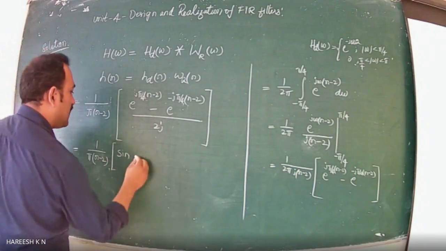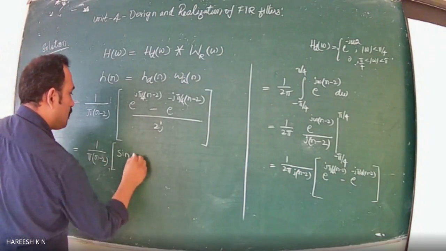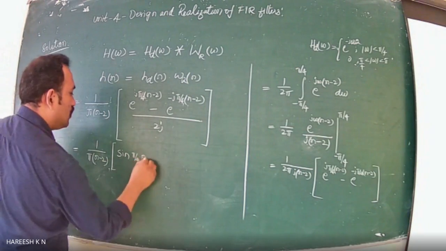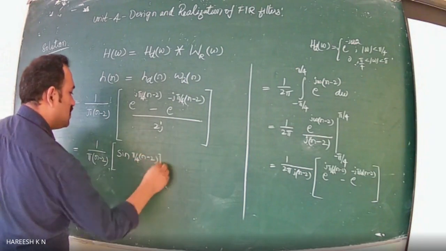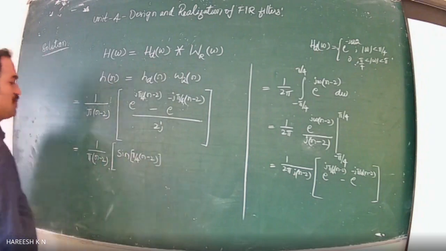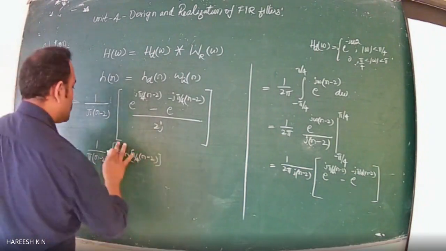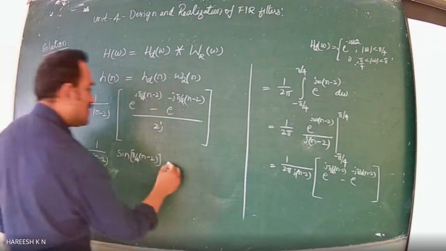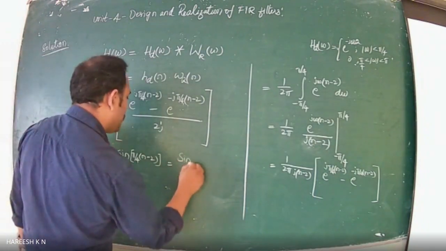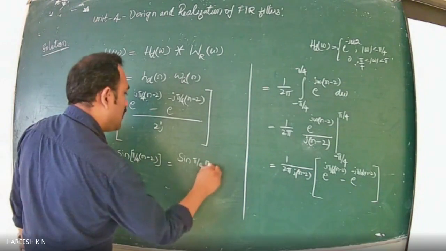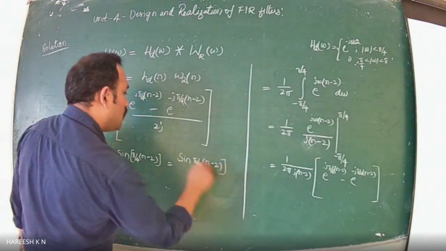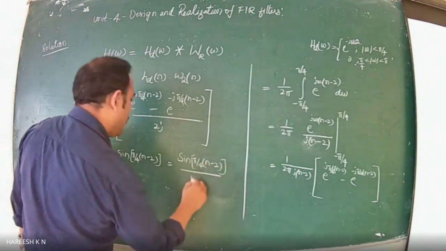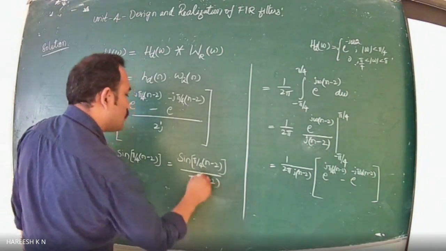In the place of theta, we have sine pi by 4 into n minus 2, and this will get divided by pi into n by 2. Therefore, this is equal to sine pi by 4 into n minus 2 whole divided by pi into n minus 2, right?